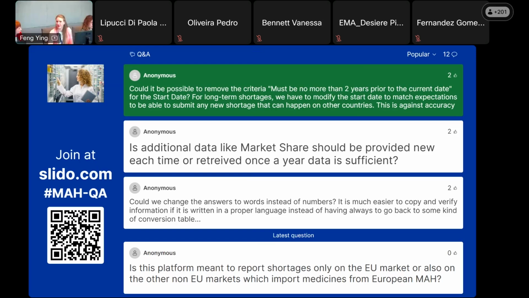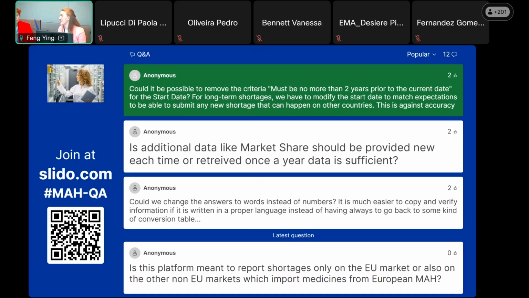Yeah. Okay, sure. So indeed, we have this requirement, the validation rule actually, and you'll get an error if you indicate a date that is more than 2 years prior to the current date. As such, at the moment, if you want to indicate a shortage that is newly happening in another country, and you have already notified us of the shortage in another country, you do not have to report the shortage again via ESMP unless we ask you to.